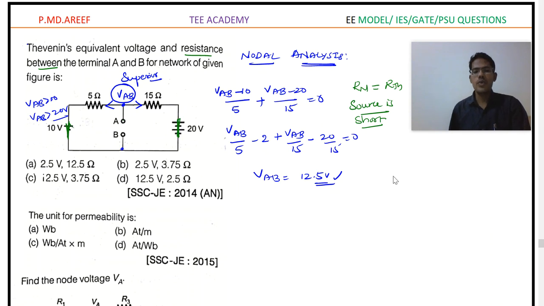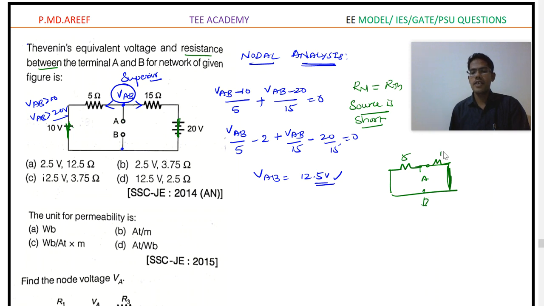So if you make the voltage source a short, take the diagram here. This is 5 ohms. I made the voltage shorted here, and here is one more resistance, and again this is also shorted, connected like this. So points A and B here.